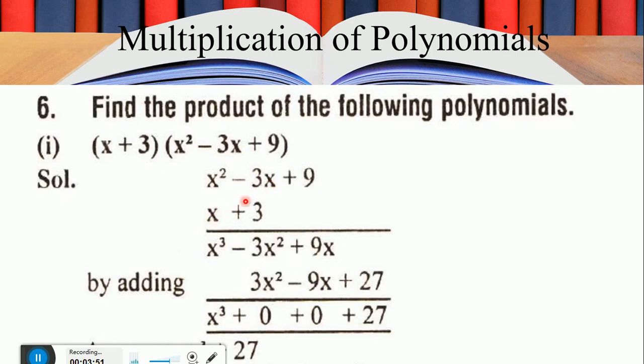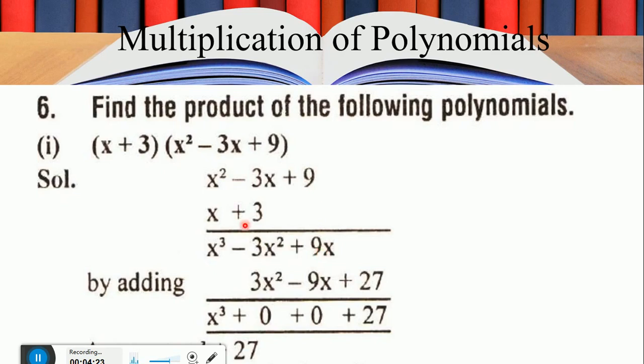So x multiplied by x is x square, minus 3 as it is. So the multiplication of minus 3x with x is minus 3x square. Now multiply this x with the last term of the polynomial. x multiplied by 9 is 9x.